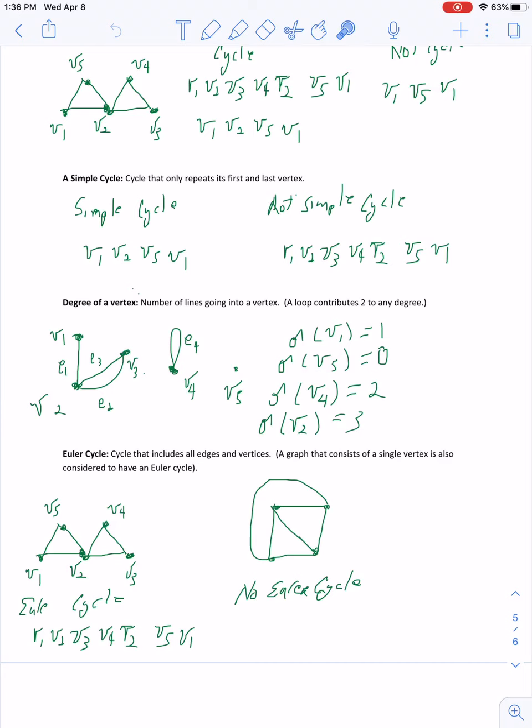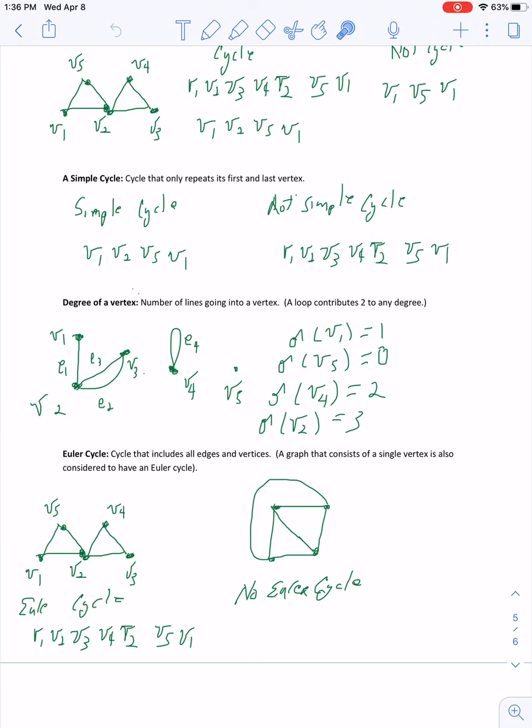Now, an example of something that's not a simple cycle is, like we saw in the last video, if I look at this graph again and I go from V1 to V2 to V3 to V4 back to V2, so I repeat V2 twice, then V5 and back to V1.